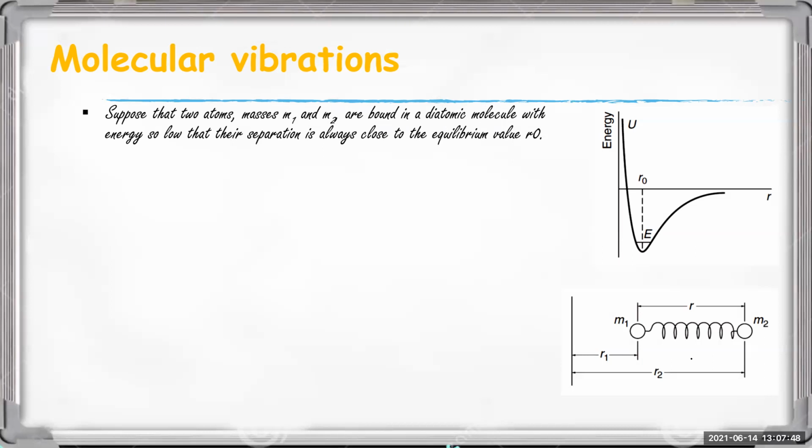We also take the equilibrium value of r to be r0. In the figure it is clear that at r equal to r0, the equilibrium point, the minimum value of potential energy takes place.